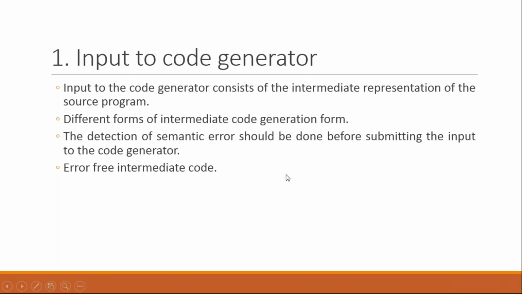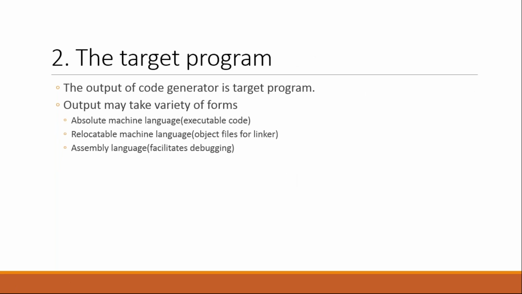Now the second design issue is the target program, right? The output of your code generation phase is the target program. If my assembler is something like 8084 microprocessor and I generate the code for 8085, then there is no match between your target program and your given source code, right?